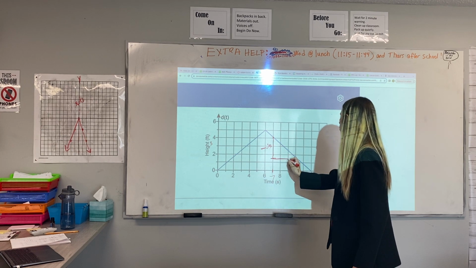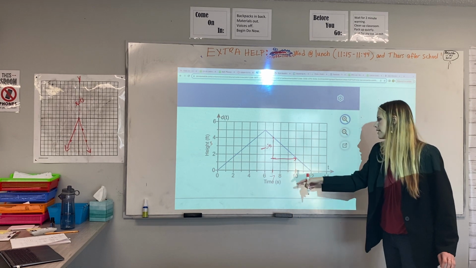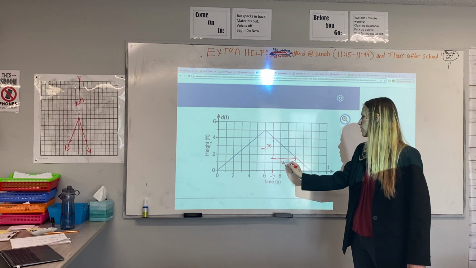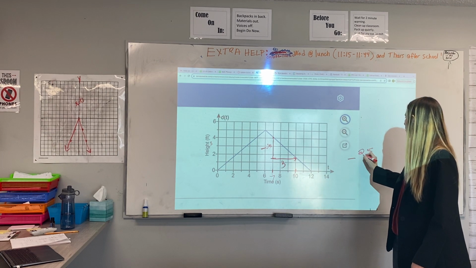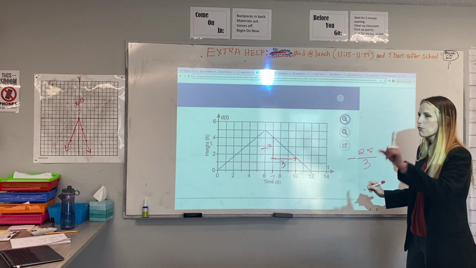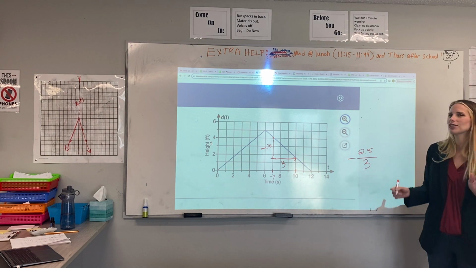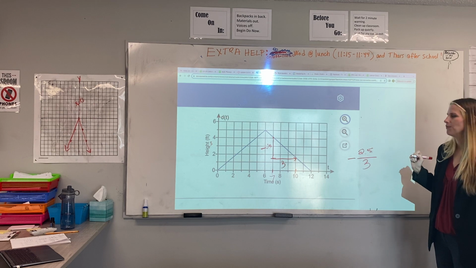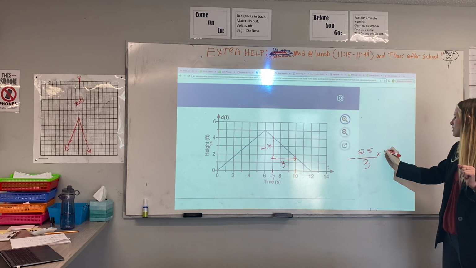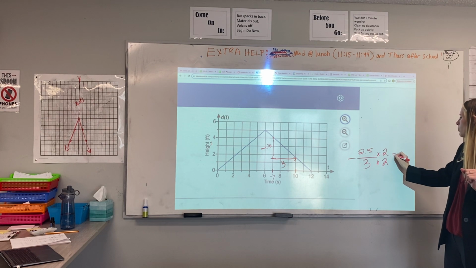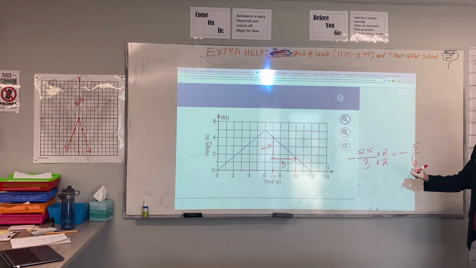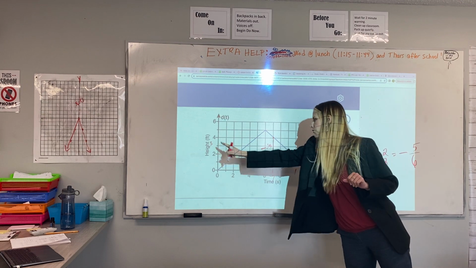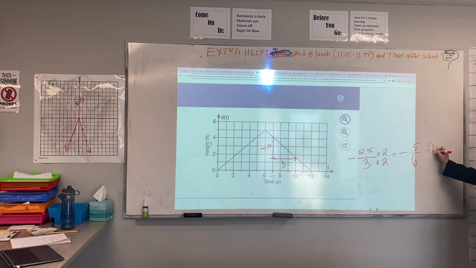Then it's going over how many from 7 to 10? 3. So our rise is negative 2.5 over 3. But once again, it doesn't want your little decimal in the numerator. So we're going to multiply times 2, multiply times 2, and we get negative 5 over 6. And then again, we have feet per second.